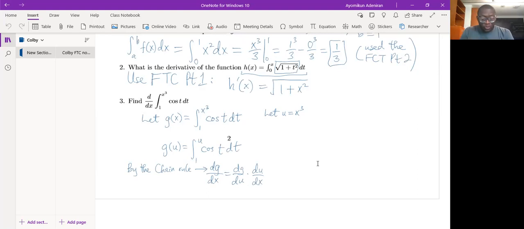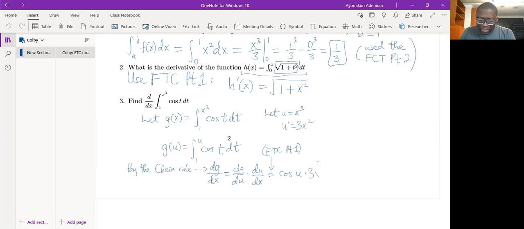Okay, good. So dg/du we know, by the FTC part 1, is just going to be cosine of u. And then you're multiplying that by du/dx, which we know is going to be 3x squared.